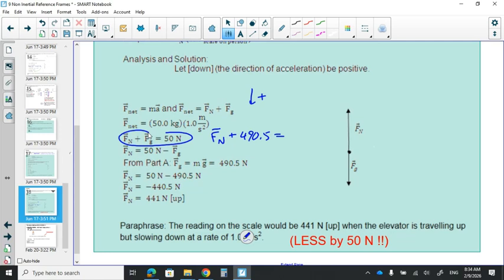Just making sure I get my bearings straight here. F net equals this number here, the 50, so it's 50 as well. And so we're subtracting from both sides, and we end up with this negative 490 number. So negative 490 down, in other words, that we get from this.